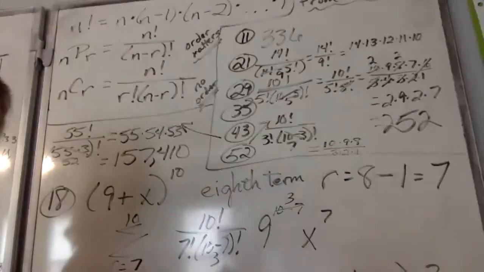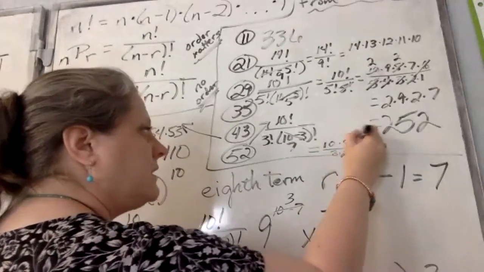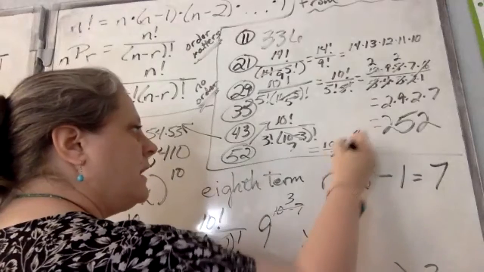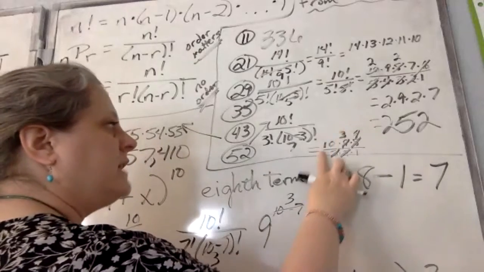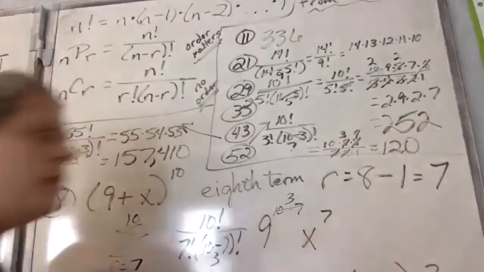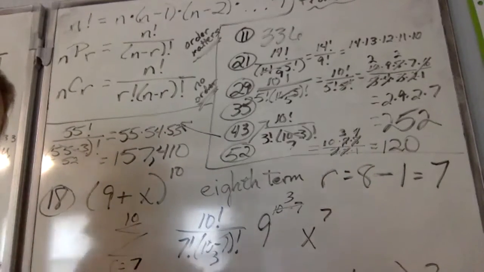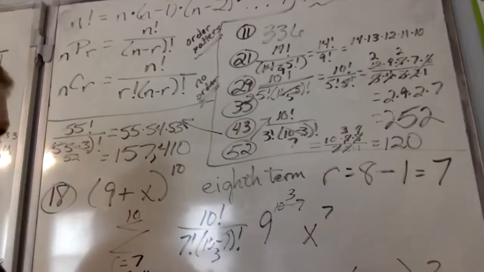I try to simplify what I can. 2 goes into 8 4 times. 3 goes into 9 3 times. So I have 10 times 3 times 4. There's 120 ways that they could pick the combinations of security questions.